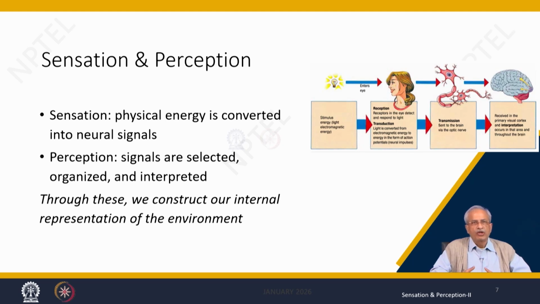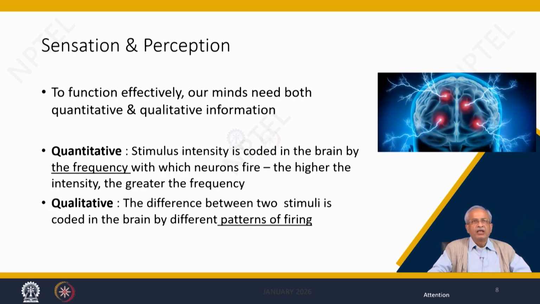So, we will now understand what kind of input we get from outside. To function effectively, our mind needs information through sensation and perception in both quantitative and qualitative terms.